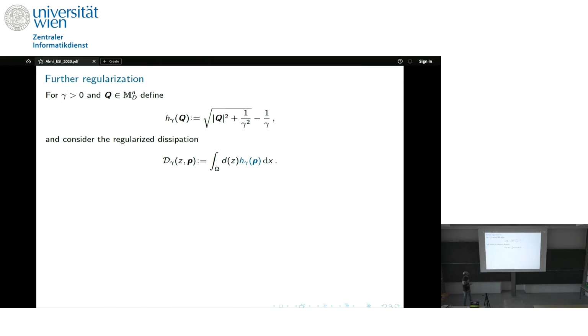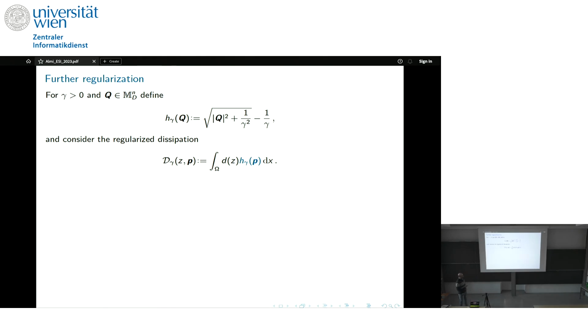So this is what you can do. This is one possible regularization that you can take, I think the simplest possible one. You're simply removing the singularity in 0, okay? By adding this 1 over gamma, and then you will let gamma go to infinity. So the new regularized dissipation is this one, of course.